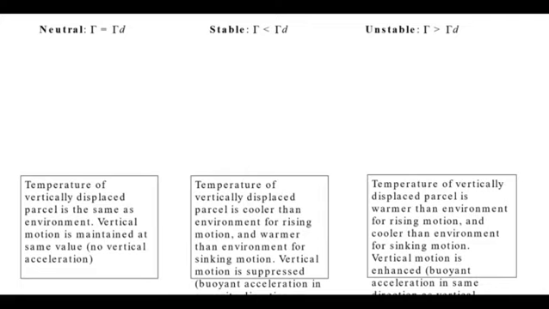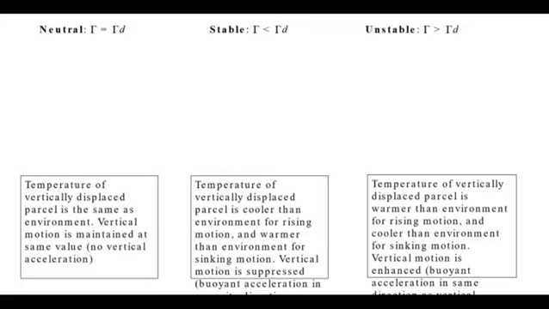So we'll proceed. This is just an illustration again of what we mean by neutral, stable, and unstable, especially emphasizing how that relates to the environmental lapse rate and the dry adiabatic lapse rate, gamma relative to gamma D. Okay, so let's go ahead and draw this out.